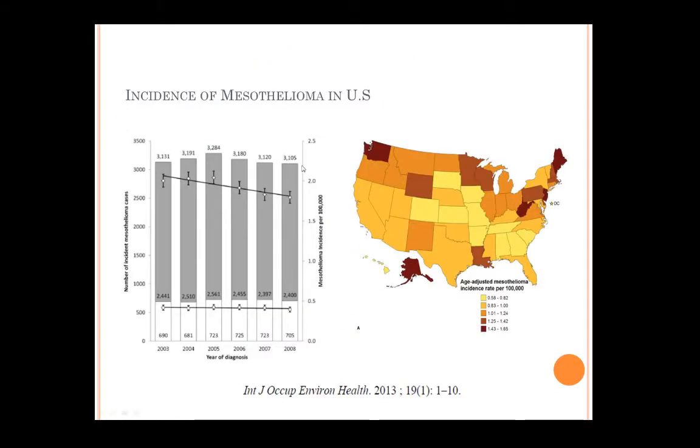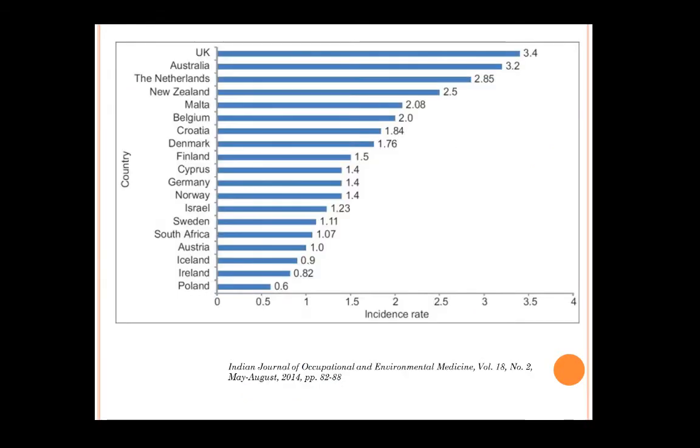Also, this slide shows the incidence rate of mesothelioma across the United States. As I mentioned before, about 3,000 cases are diagnosed in the United States, and states that have a high incidence rate of mesothelioma, including Washington, D.C., West Virginia, and New Jersey, are states that are more involved in asbestos-related industries, including shipyard buildings or asbestos mining.